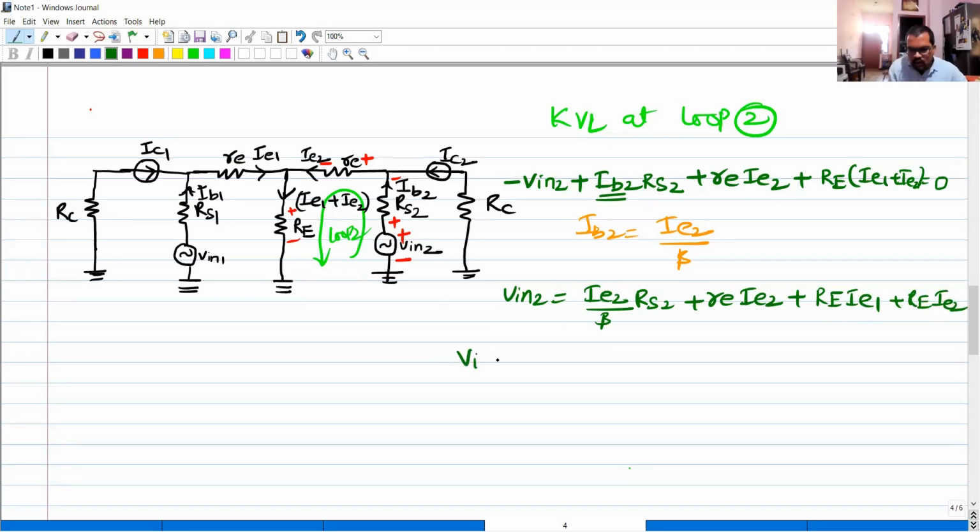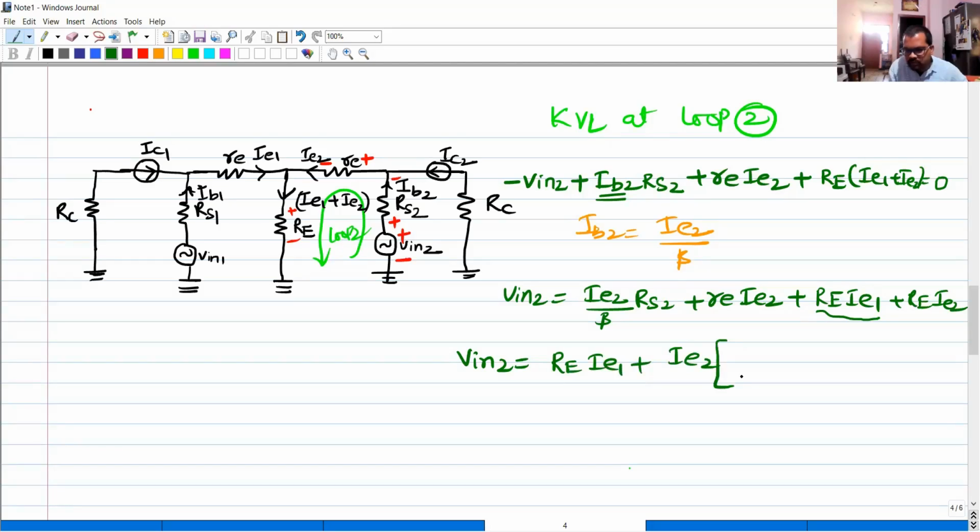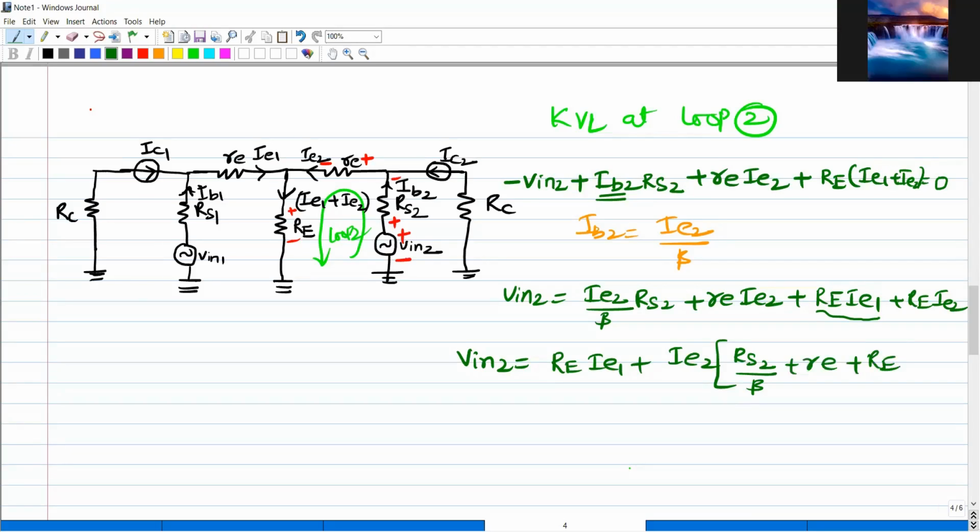Here I want to take IE2 common: RS2 by beta plus RE plus capital RE. Is it right?